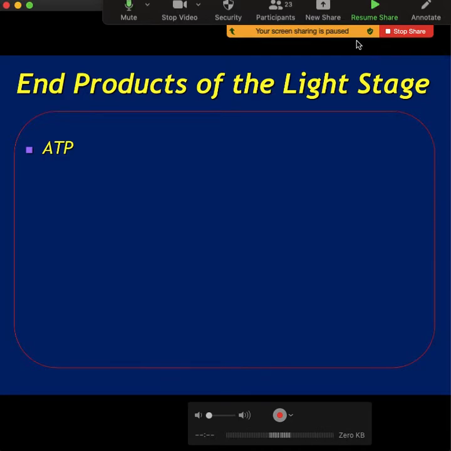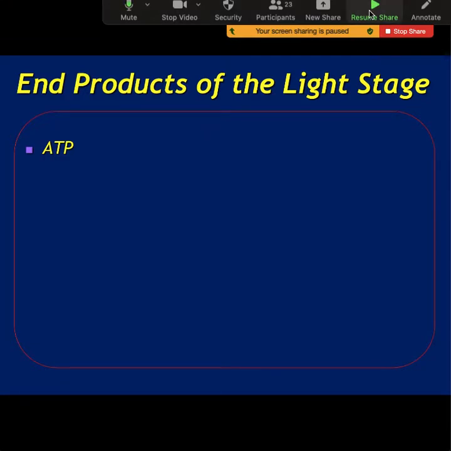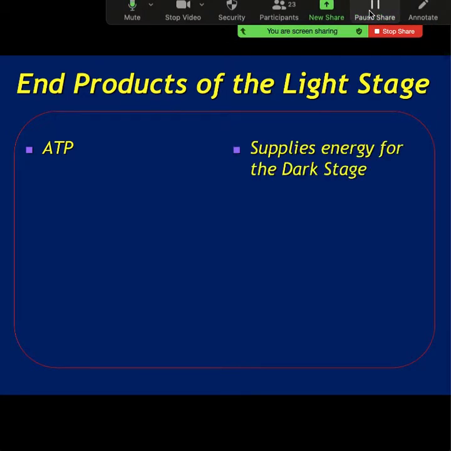ATP. Okay, so we're going to make ATP, and what is ATP's job? Usually, no matter what the context. Supply of energy. Yep, so it's going to supply energy for the dark stage.